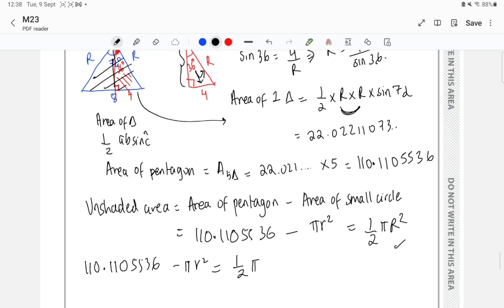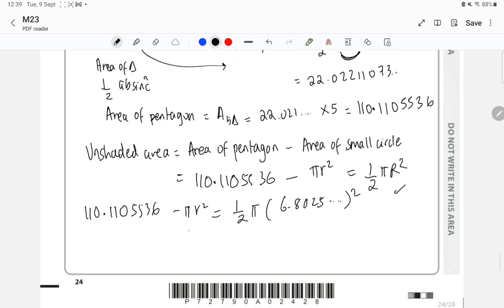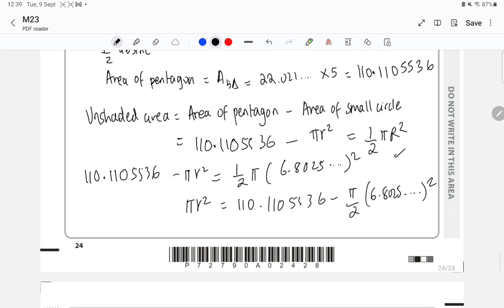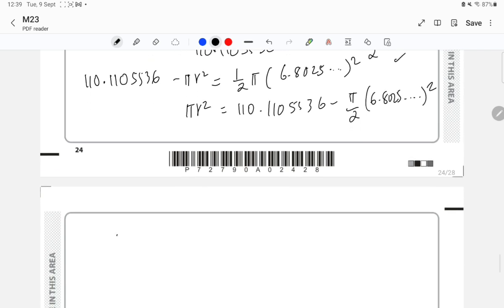So 4 over sine 36, which was 6.8025, squared. So I know my pi r squared would be equal to 110.1105536 minus pi over 2 times this thing. Okay, so I'll put this in my calculator and divide this by pi to find my r squared.